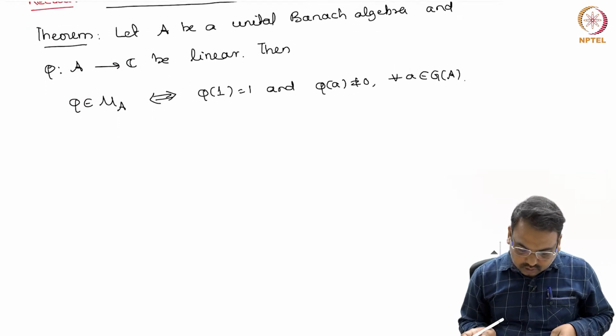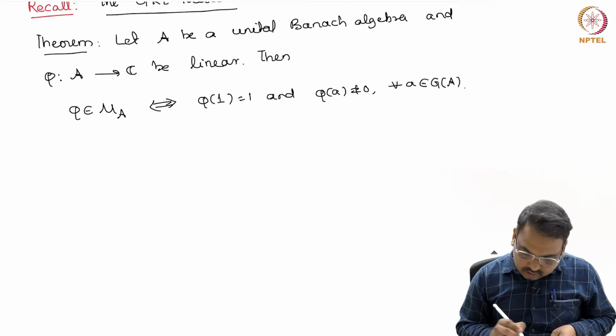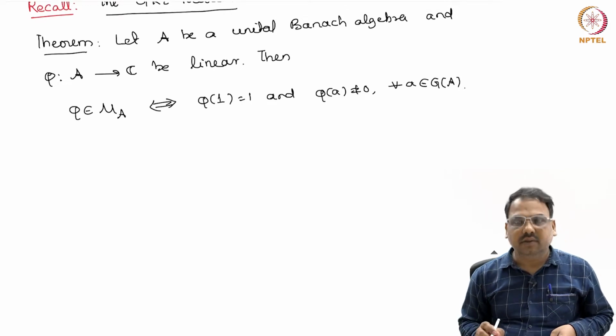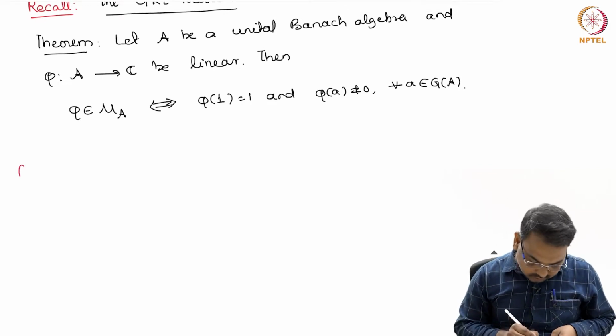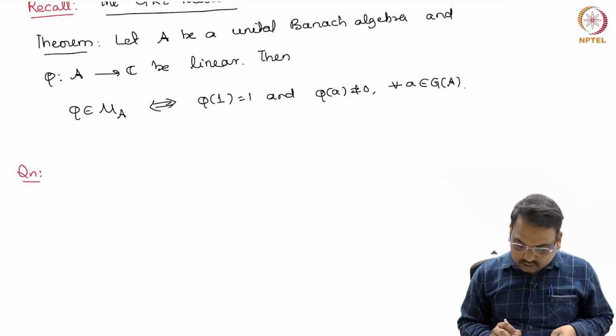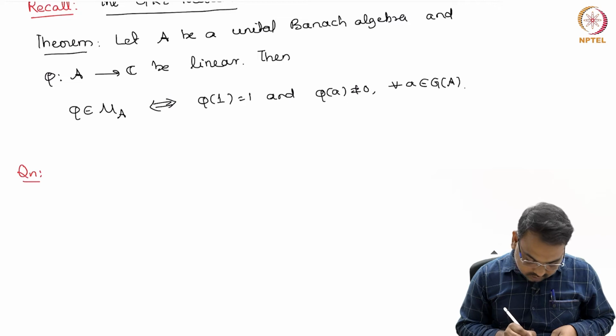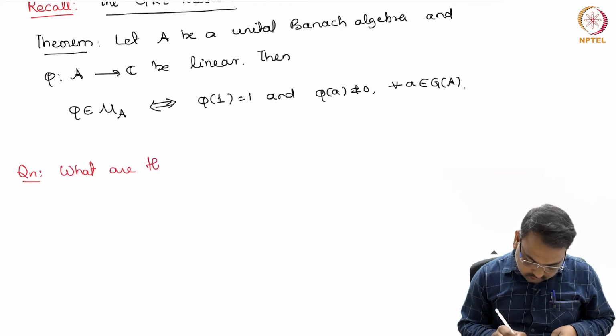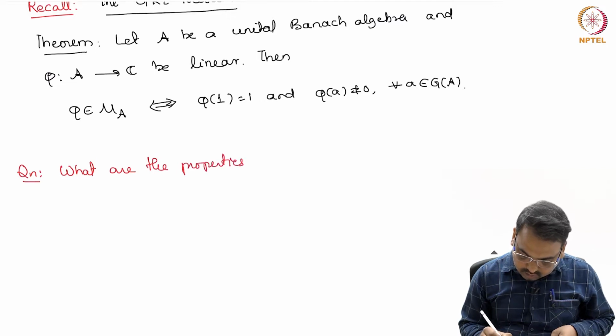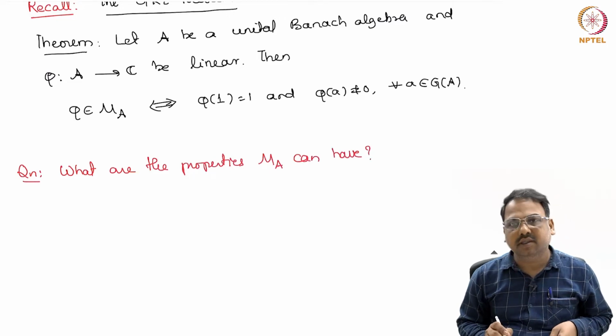Now let us look at the set MA. We can ask what kind of properties the set MA can have, and what are the advantages of having this set.